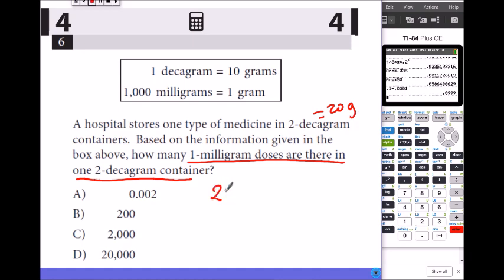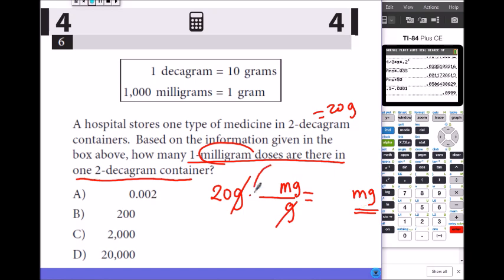So we are converting 20 grams into milligrams. Whenever you convert units, put the unit you're getting rid of in the denominator, and whatever you want to solve for, you put it on top. So you see how grams will be canceled out, and it will turn into milligrams.